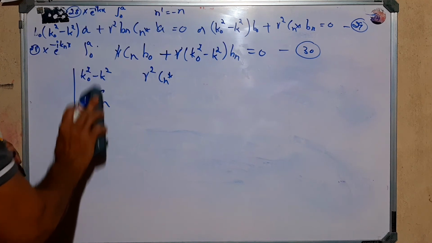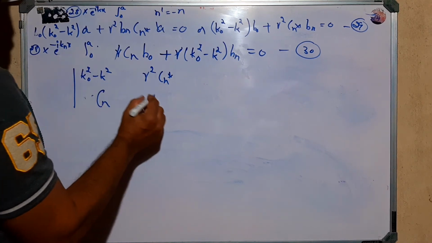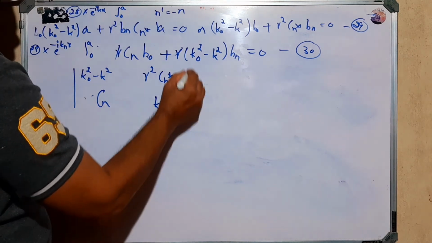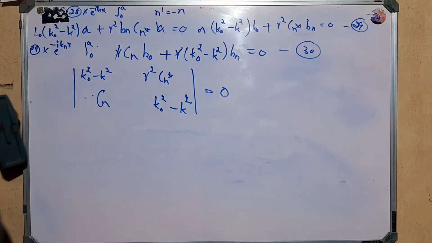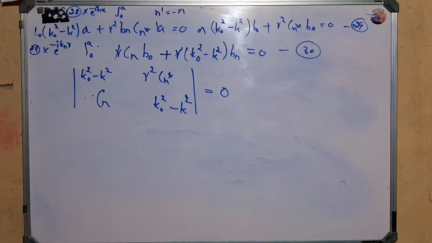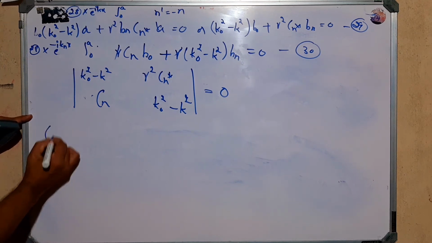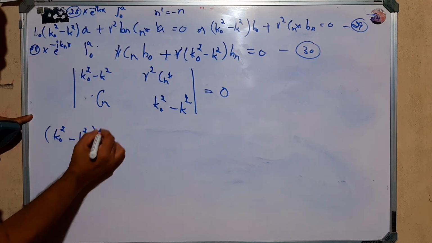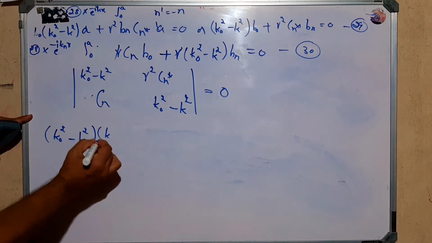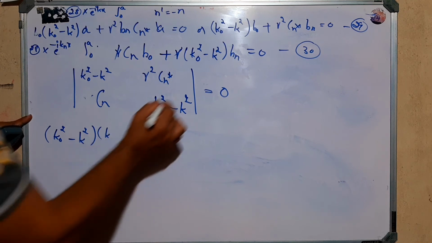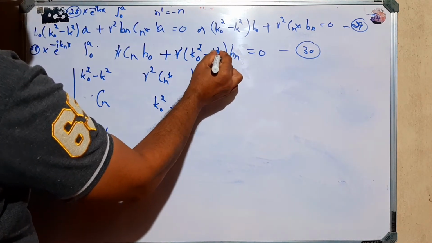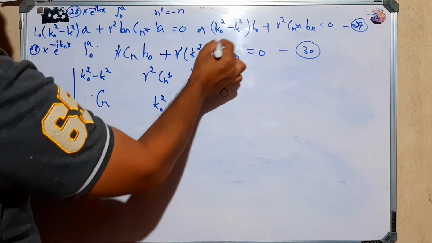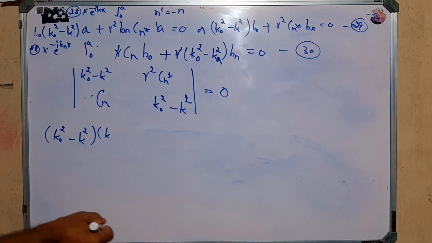So here cn into k naught square minus k square is equal to 0. Now you can simplify the determinant. Here it is kn square, just observe the equation.